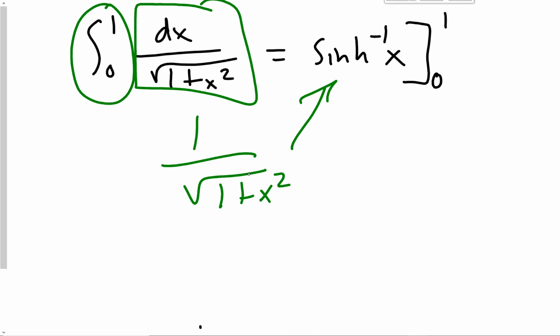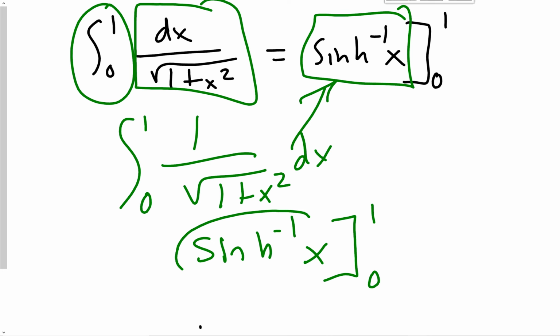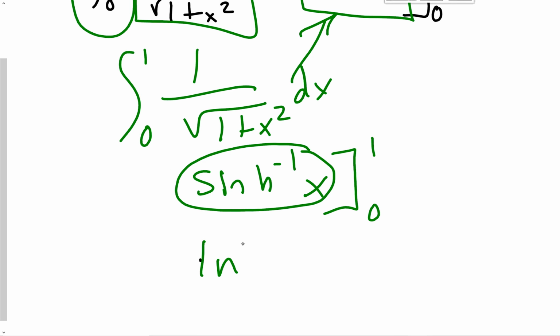Okay, this one is straightforward, right? It's like this. So that means this is going to be inverse hyperbolic sine. So the answer to this is just inverse hyperbolic sine from 0 to 1. Now I look up the definition of that, and the definition is ln of x plus the square root of x squared plus 1.